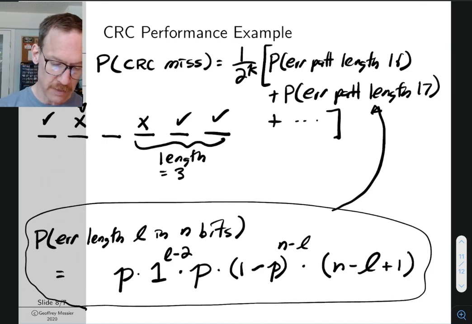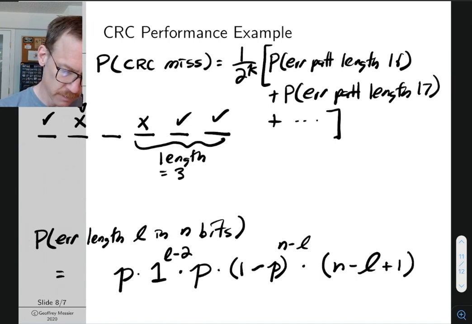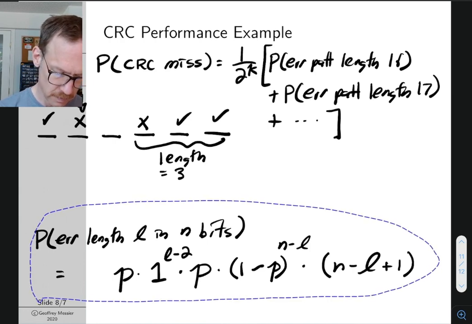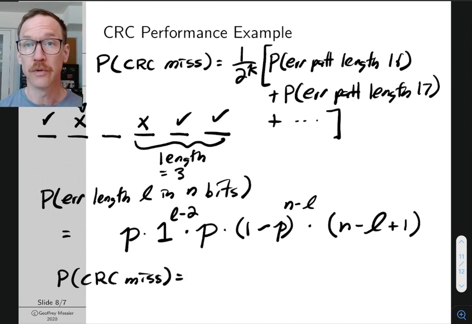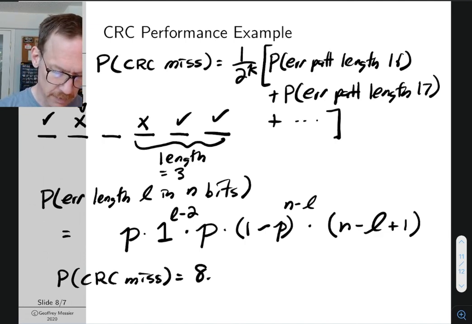And then when I did that, I got the probability of a CRC miss to be equal to 8.97 times 10 to the minus 8.